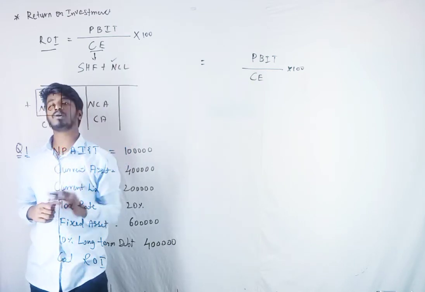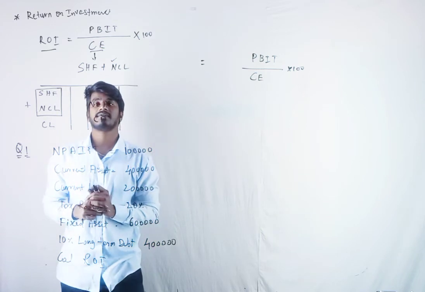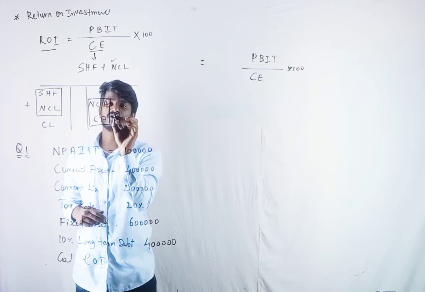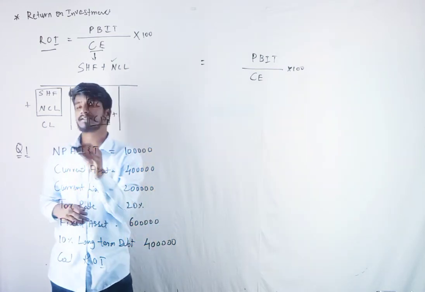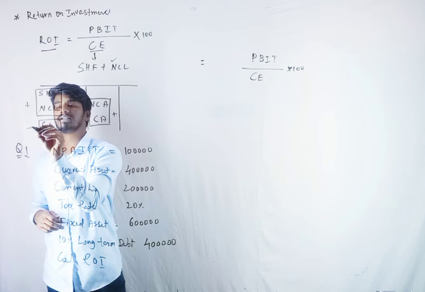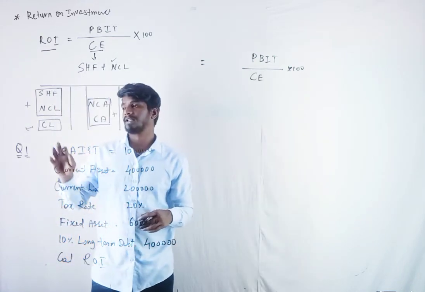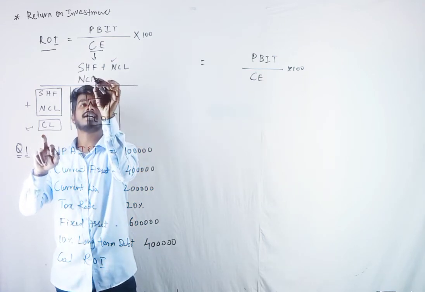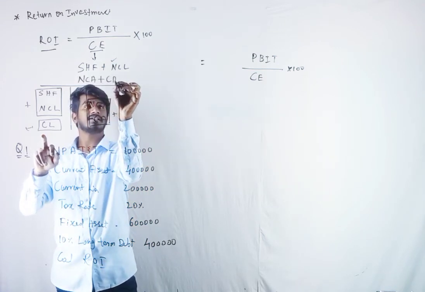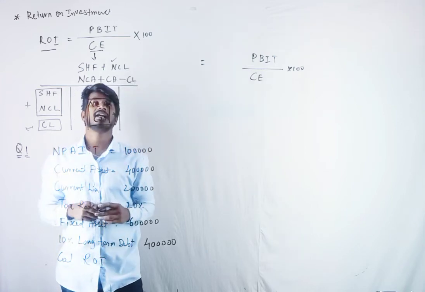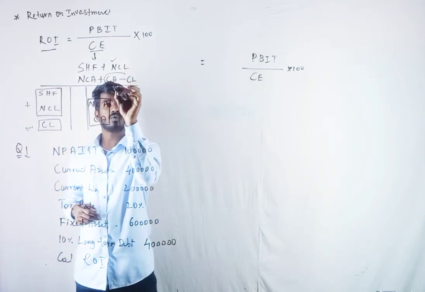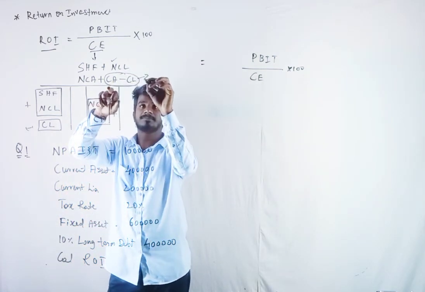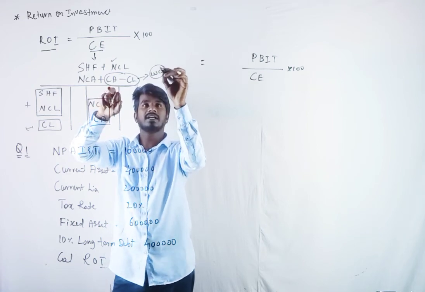We have done that. We know that. Another way is non-current asset plus current asset minus current liability. Current asset minus current liability gives us working capital.